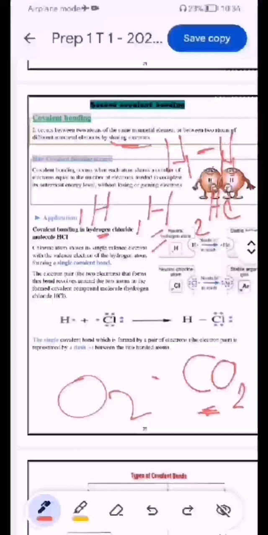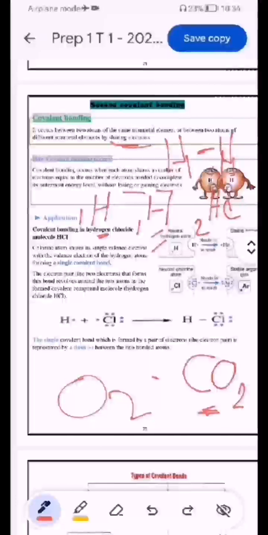The covalent bond occurs when each atom shares the number of electrons equal to the number of electrons needed to complete the outermost energy level without losing or gaining. Losing or gaining doesn't happen in this type of bond. Okay? Share electrons only.